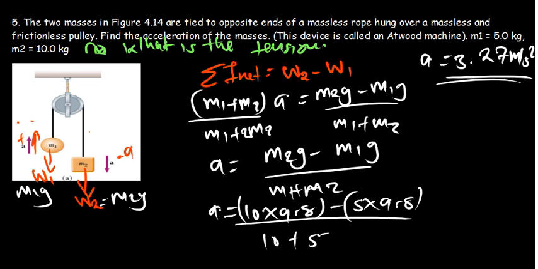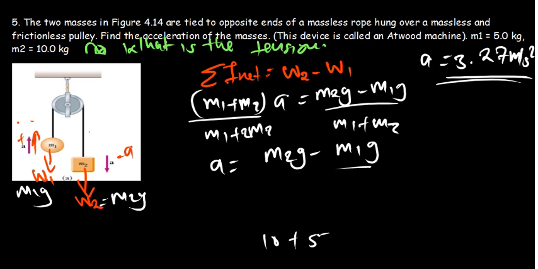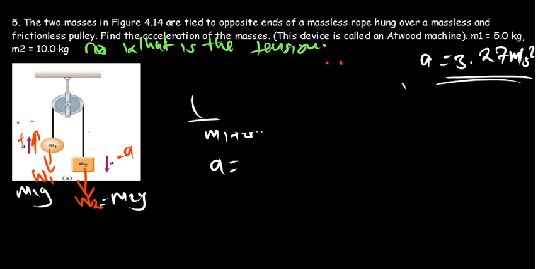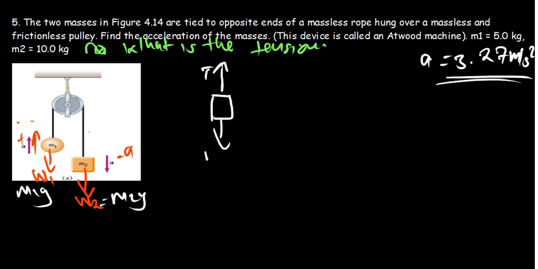Okay, but how can you also calculate the tension? When you want to calculate the tension, you can use either mass 1 or mass 2, and both are going to give us the same answer. Let's see. We're going to do both. Let's consider mass 1. There is a force going up, the tension, and the force going down, as we have said, is M1g.